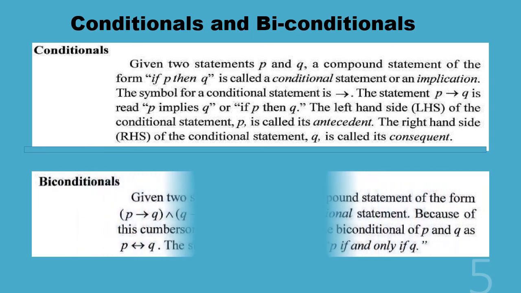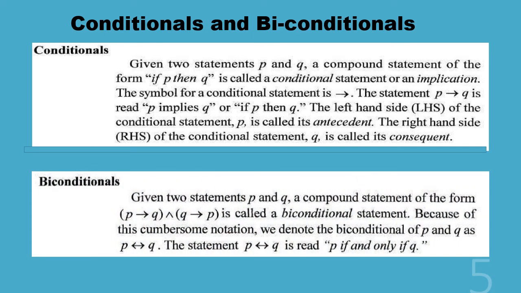The next two connectives are referred to as the conditional and the biconditional. For the conditional, we have two statements, P and Q, and they're joined together in the form of if P, then Q. And that's your conditional statement, or also implication.